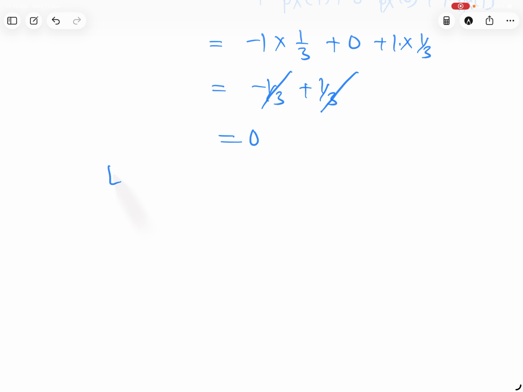Now what is the covariance, expectation of X into Y. So the Y value is X square, so this is E[X cube]. What will be the expectation?